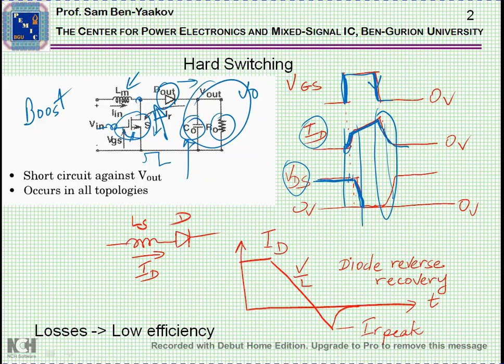Associated with this problem is the fact that the diode, this diode here, is imperfect. Typically, in a practical diode, you start with a forward current, this is the current through the diode, and I'm showing it here. Then as this transistor shorts out this point, we are actually imposing a reverse voltage on the diode.